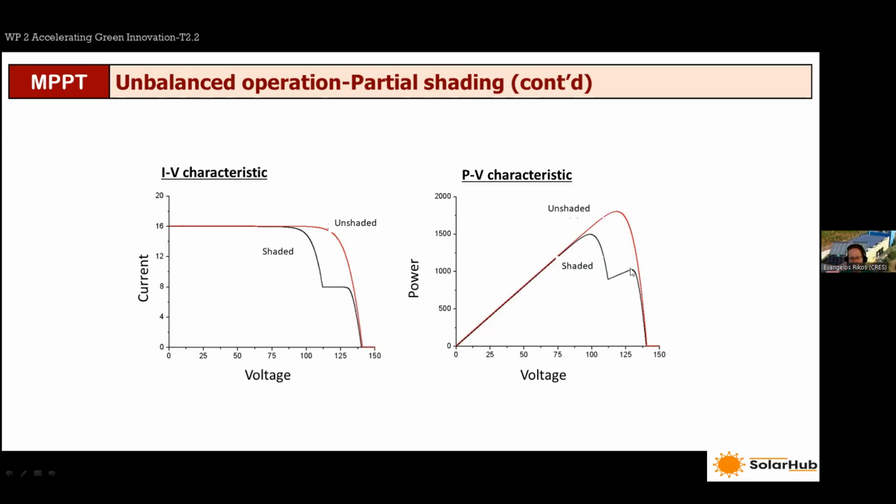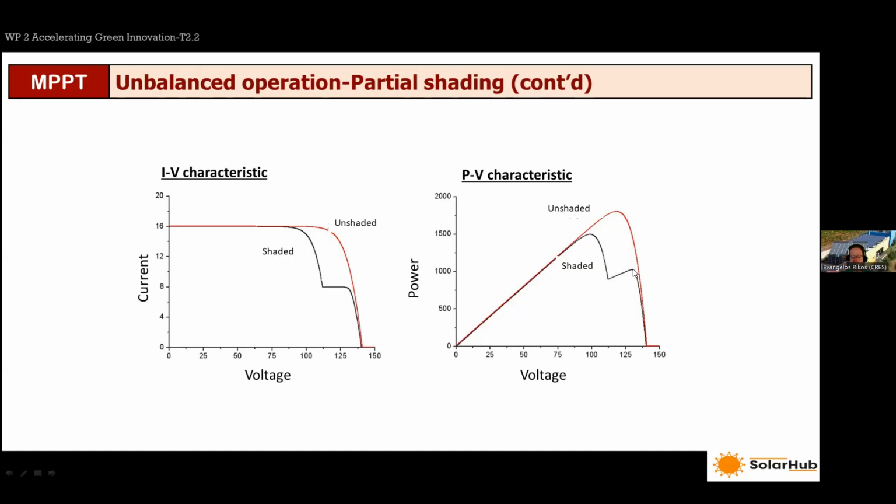Here it's clearer the problem. You see that you have, instead of one maximum point here, you have two, right? And a device that performs the MPPT does not have a way to identify which of the 2 points is the global one.